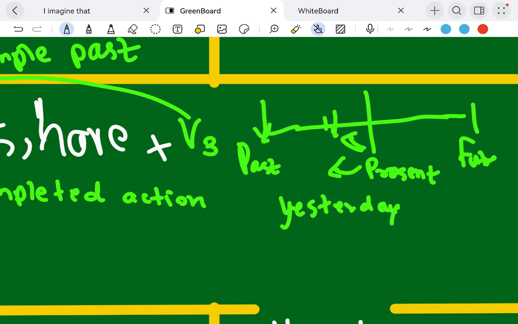For example, let's take a look at the word yesterday. Let's say today is 24th of September. Yesterday was 23rd of September.